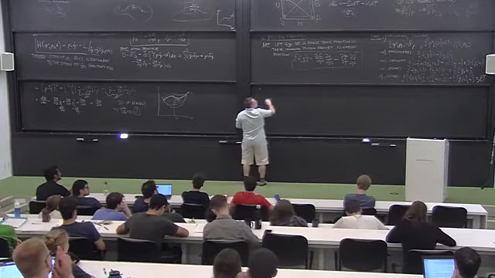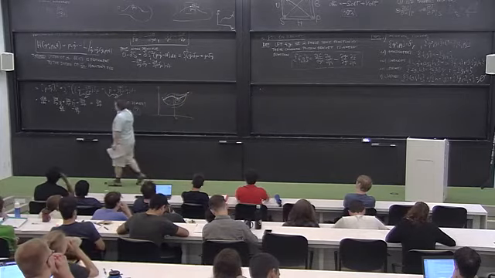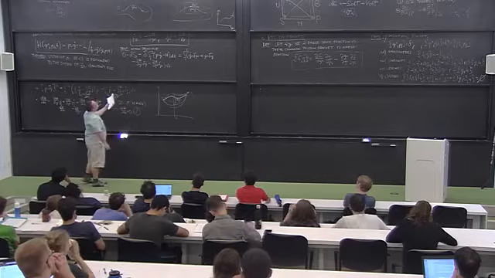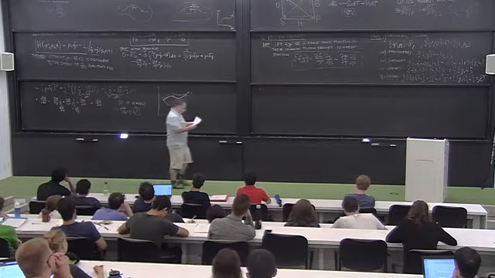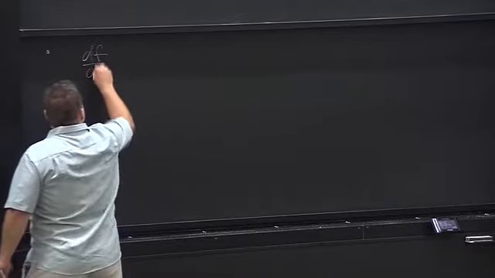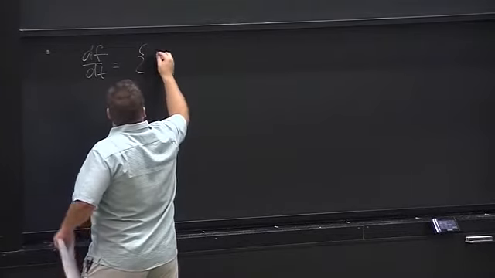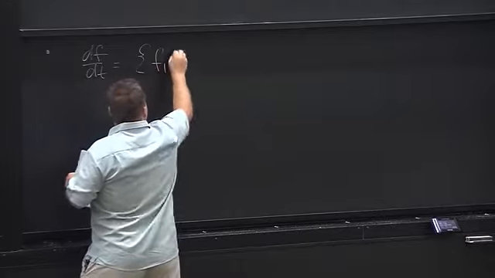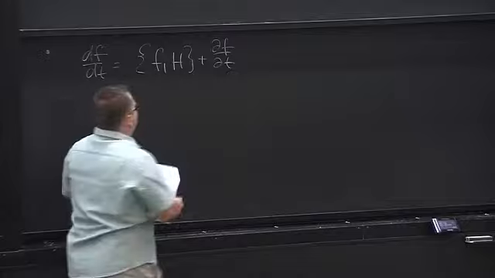So now, using these Poisson brackets, you have the time evolution captured by Hamilton's equations, but you can also write down the time evolution in terms of the Poisson brackets, and the expression is very nice. If you want df over dt for any function f, so you have f dot, then this is given by, let me just write down the result, the Poisson bracket of f and H plus partial df over dt.